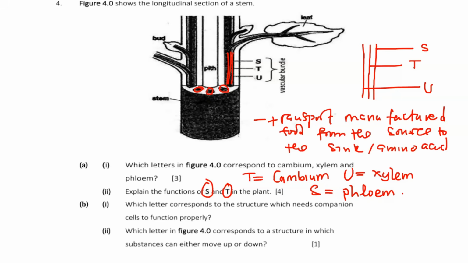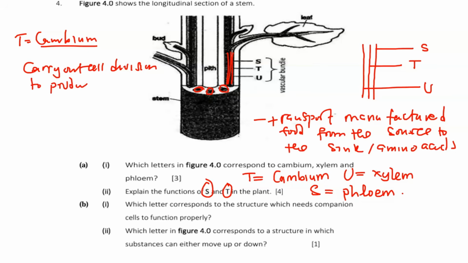So let us now look at the function of the cambium. What is the function of the cambium, which is T? Let me just give the functions here. 1, carry out cell division to produce new cells.